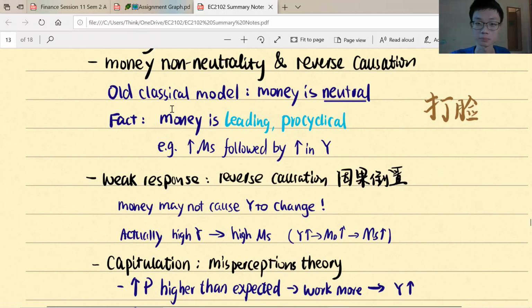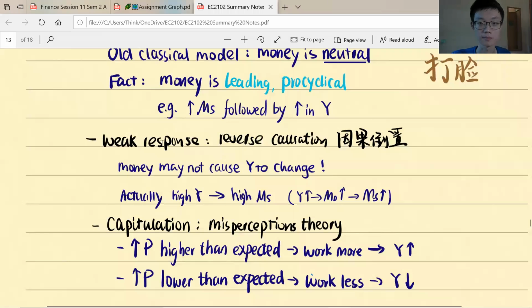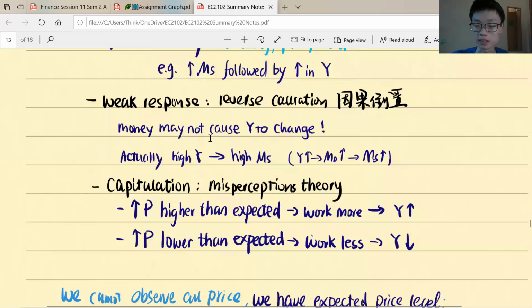So it's a weak response. So the classical economists will finally capitulate. They come up with a misperceptions theory. In the misperceptions theory, they explain the money non-neutrality in the short run.